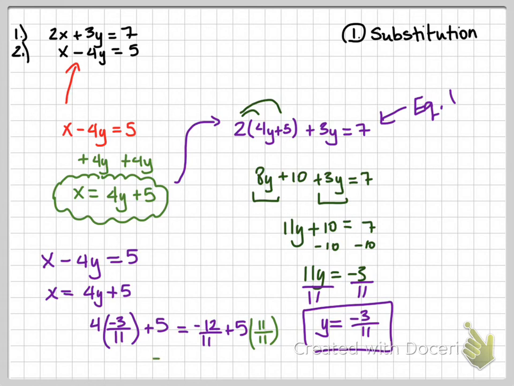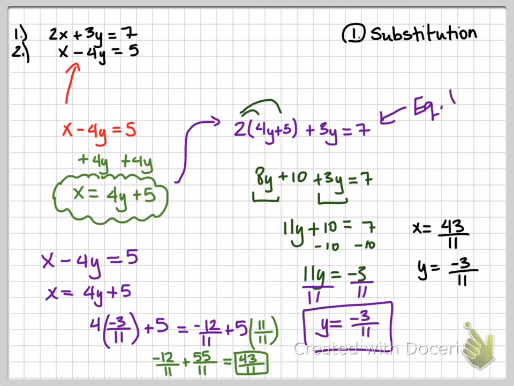That gives us negative 12 over 11 plus 55 over 11. So 55 minus 12 is 43. That's 43 over 11, and that's our answer. If we write the answer out, we have x equals 43 over 11, y equals negative 3 over 11.